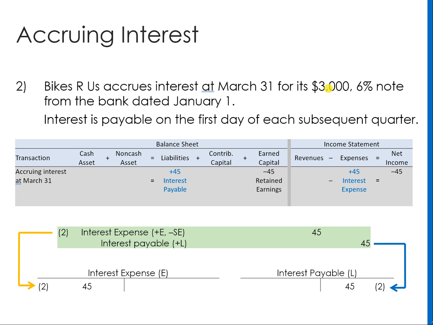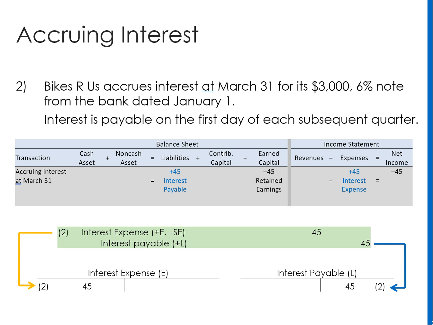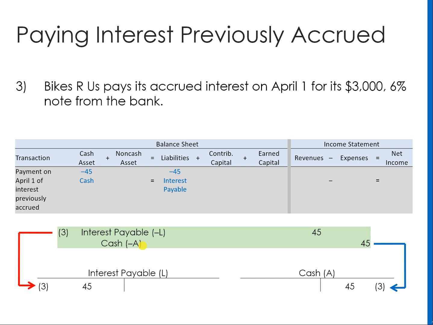But we're going to have a quarter's interest, so that's divided by 4, and we have $45. So a debit to interest expense 45, credit to interest payable 45. Remember, we don't have to pay for now because the first payment is made on April 1st. So by the end of the first quarter, we report expense and liabilities. Then the next day, April 1st, we're going to just pay the interest, debit interest payable, and credit cash.